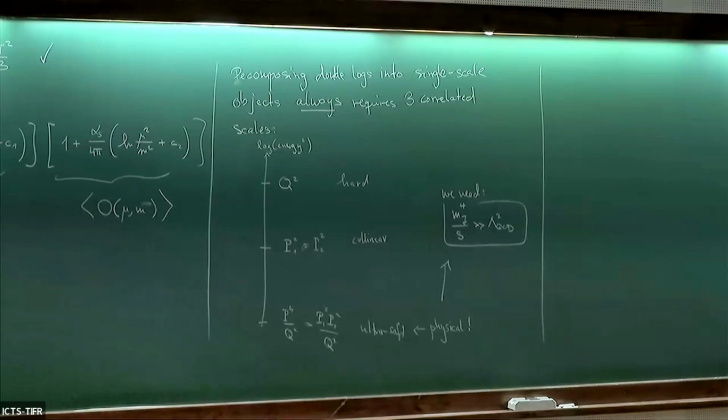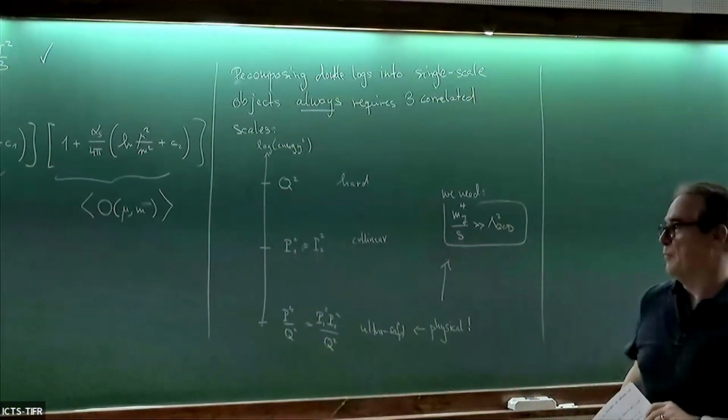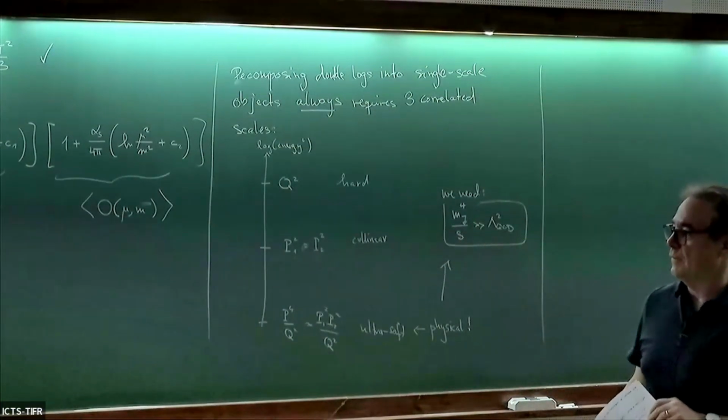In that case, you can be in a situation where there can be some communication between soft, not ultra-soft modes and collinear ones, but not through direct interaction, to an effect that is called rapidity divergence or collinear anomaly. But let's not go in this direction because we still have a lot to cover for this basic version of SCET, which is called SCET1 sometimes.